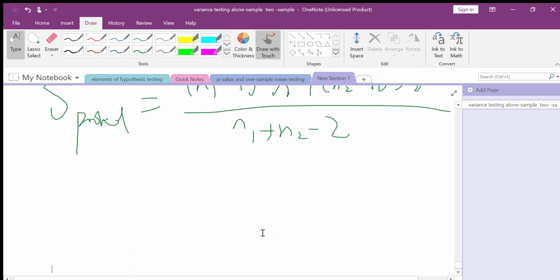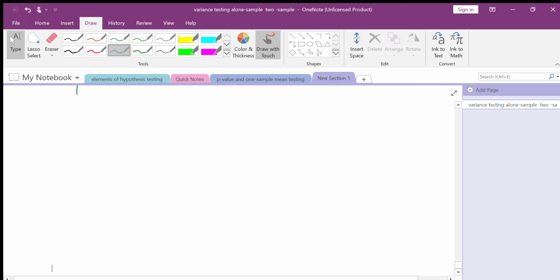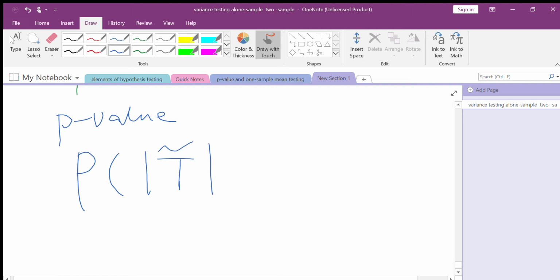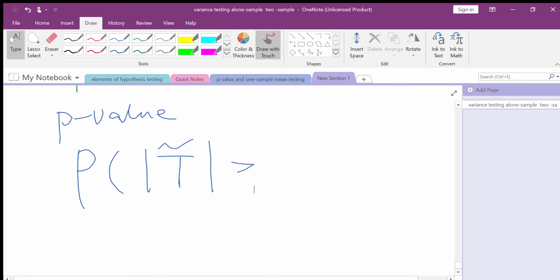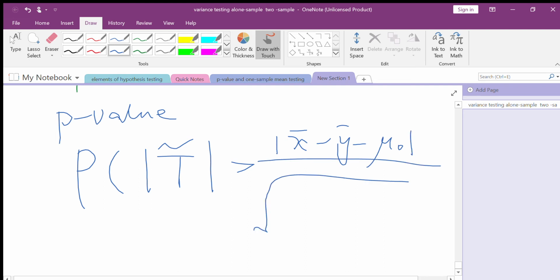So how do we utilize this test statistic to perform hypothesis testing? The p-value is the probability that the absolute value of the random variable T tilde following this distribution is greater than the absolute value of small x bar minus small y bar minus mu0, divided by small s pooled times the square root of 1 over n1 plus 1 over n2.